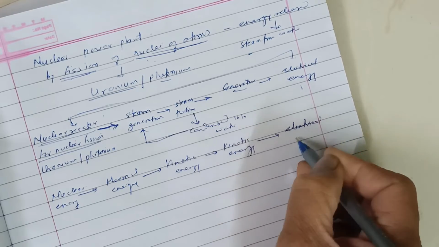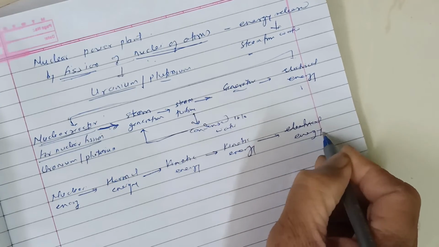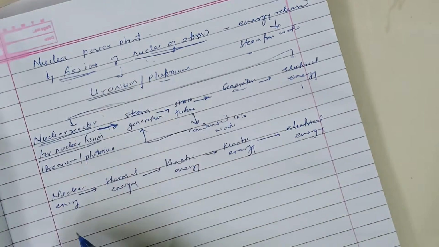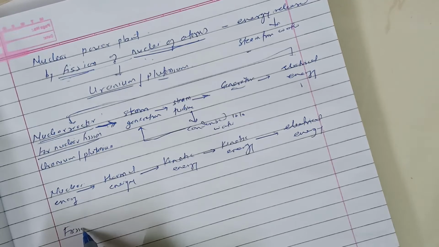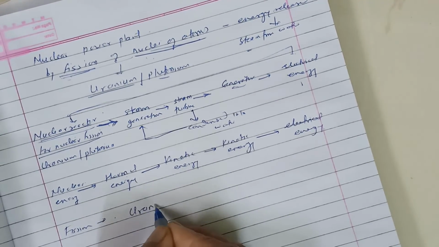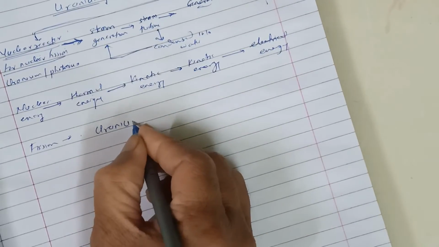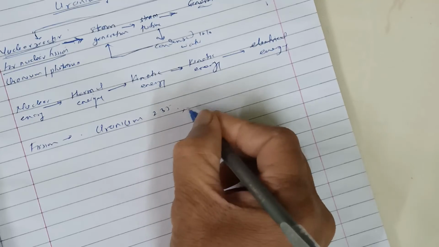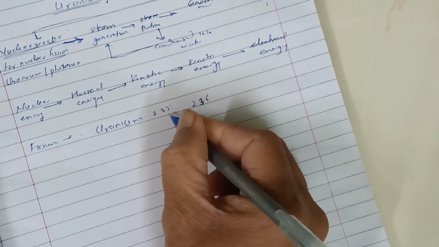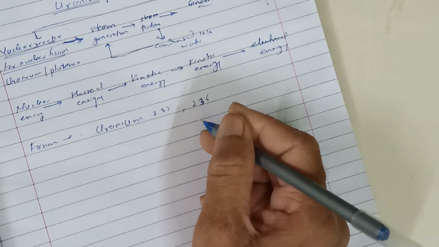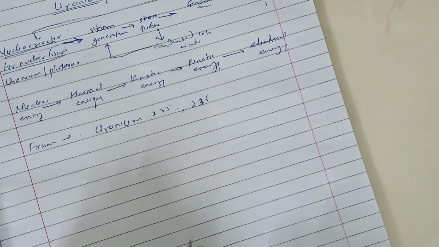There are various types of energy used in the production of electricity in a power station. What is a fission reaction? First, let's see what the fission reaction is. In a fission reaction, uranium 235 or sometimes 236, radioactive isotopes, are used.